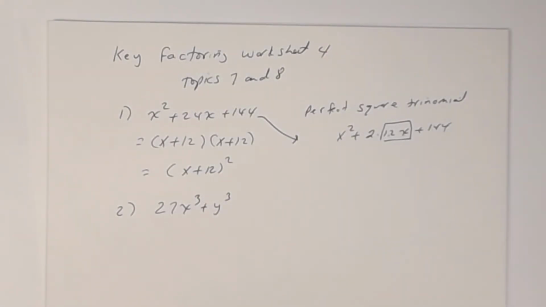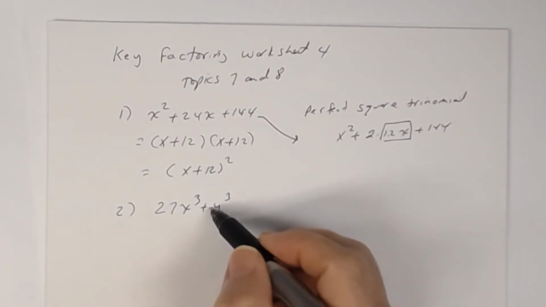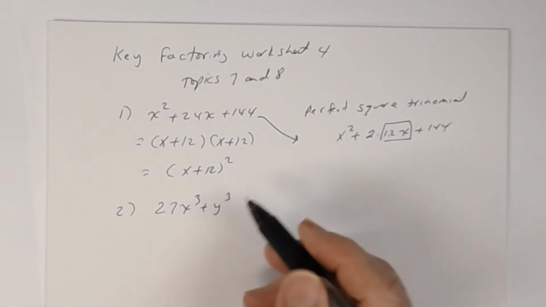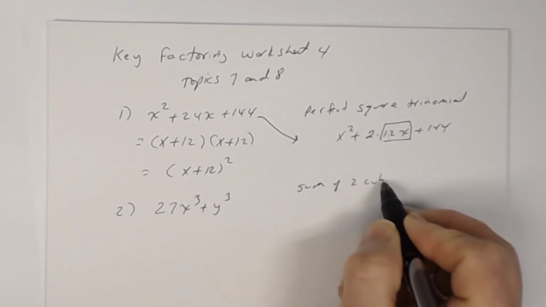Notice that in number 2, you have a binomial, you have two terms, and the exponents of both the x and the y are cubes, and the middle sign is positive. It's a plus symbol, right? So you want to check and see if that's going to be the sum of two cubes.